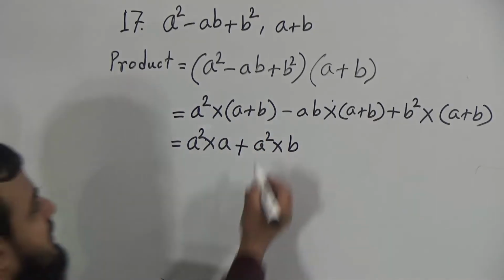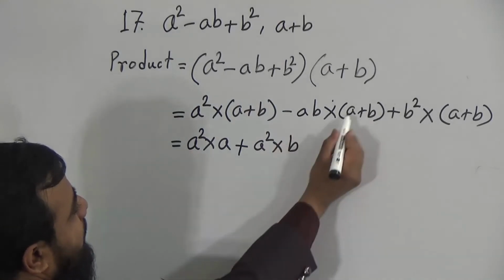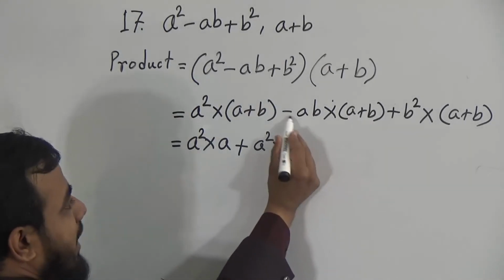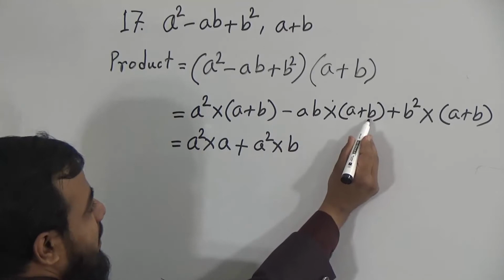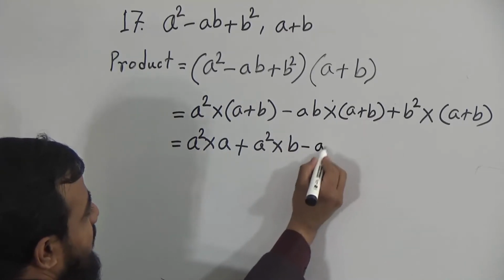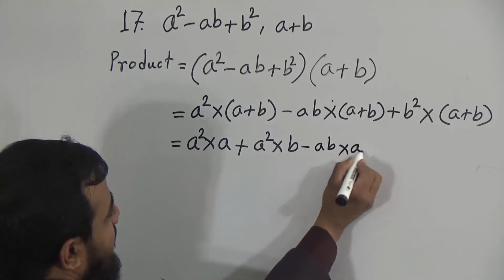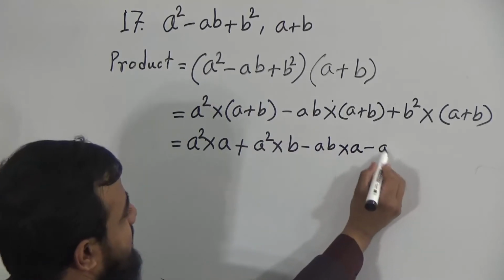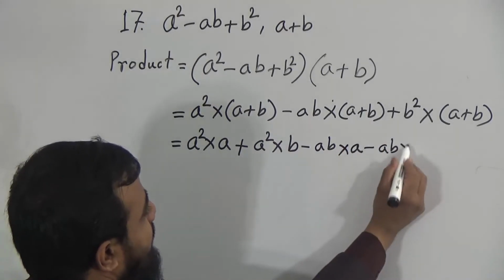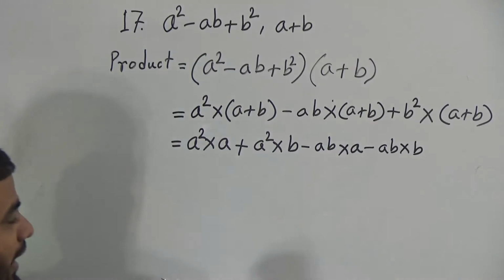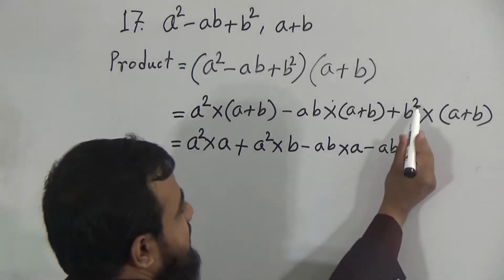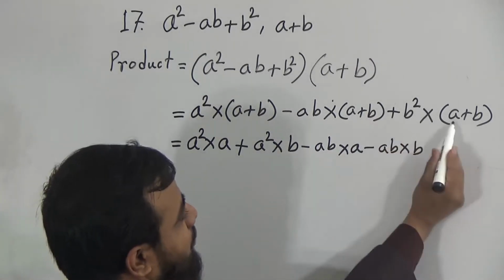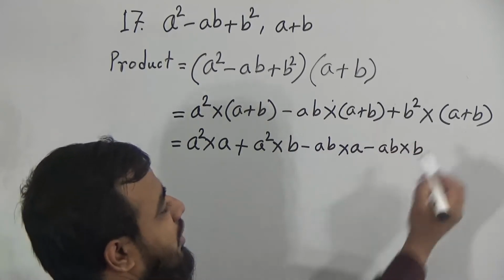Now my dear students, this minus ab is multiplied with a and also minus ab is multiplied with b. So we need to write down minus ab multiplied with a, then minus ab multiplied with b. After that this plus b square is multiplied with a and this plus b square is also multiplied with b.